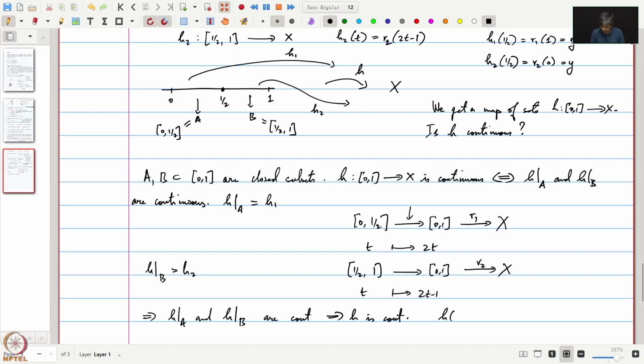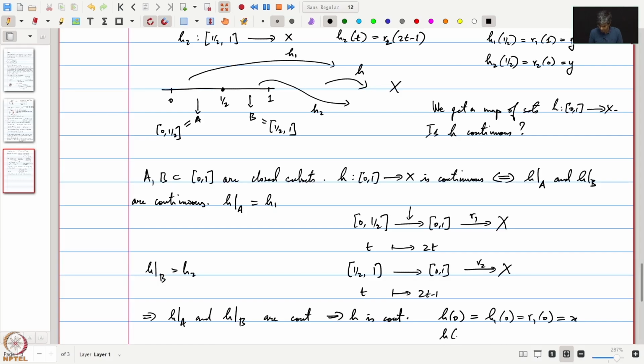Moreover, H is defined to be h1 on the interval [0, 1/2], so H(0) is equal to h1(0), which is equal to gamma 1(0), which is equal to x.